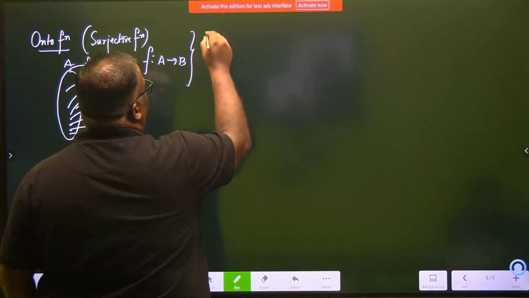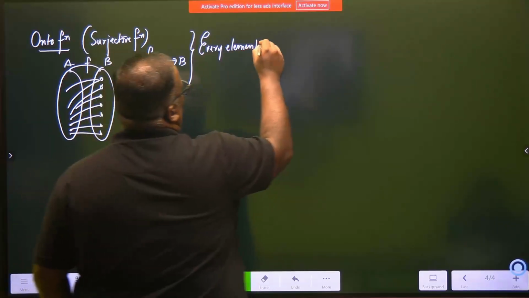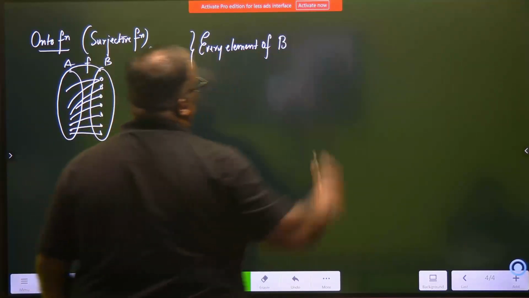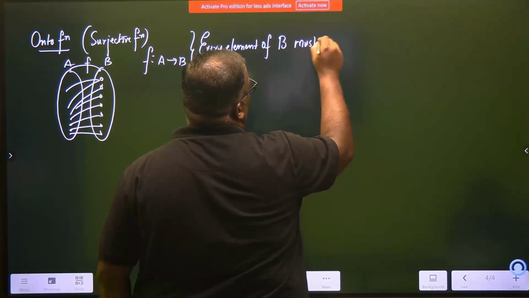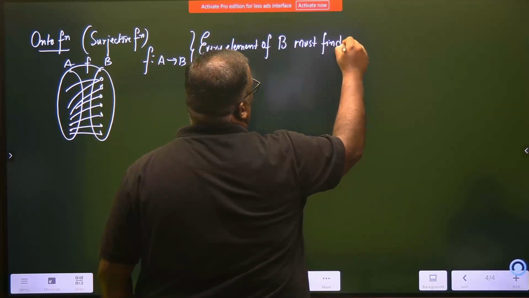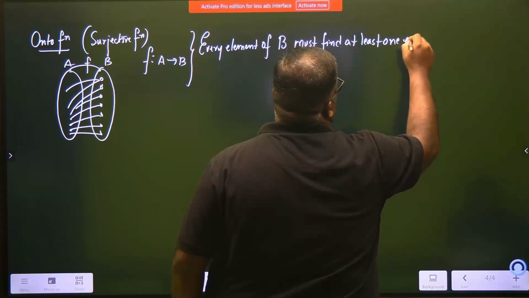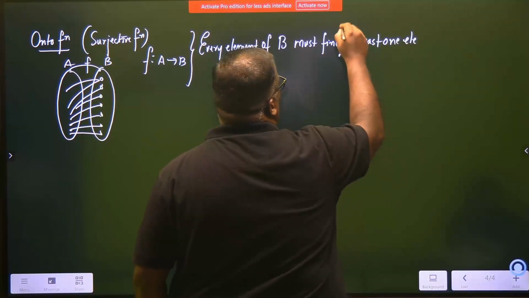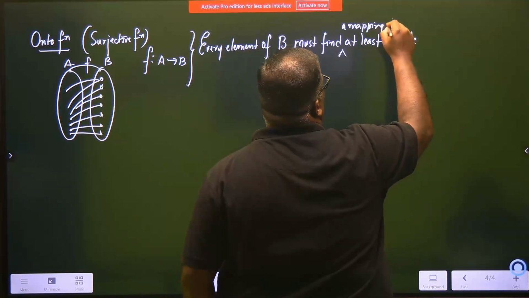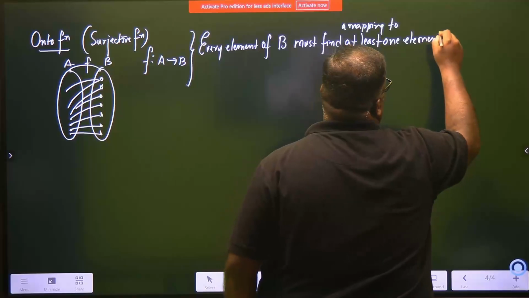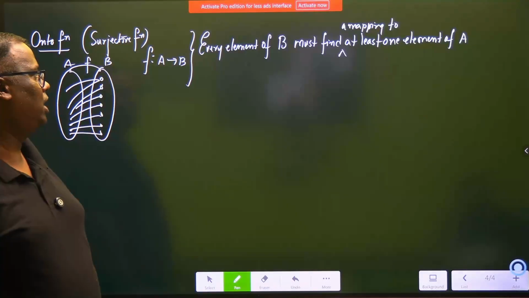The crude language says every element of B must find at least one, must find a mapping to at least one element of A. This is the crude language.